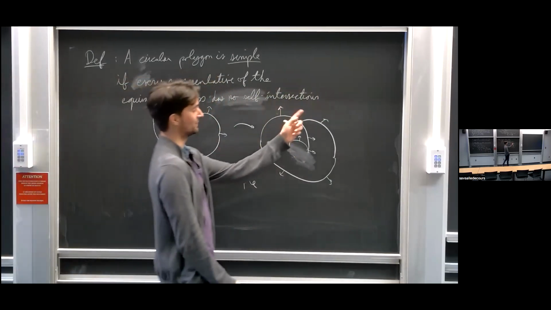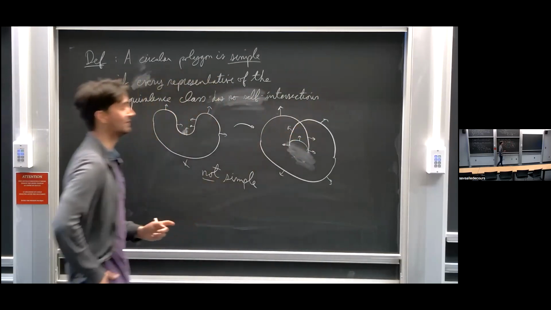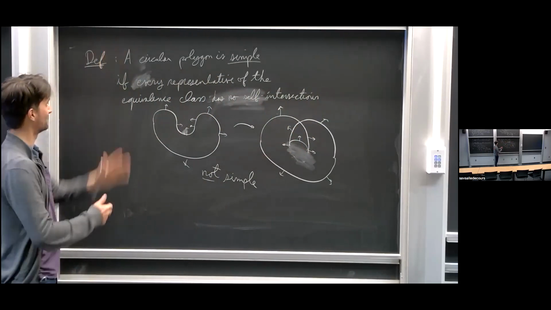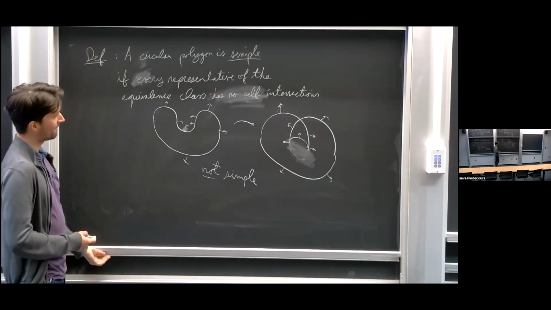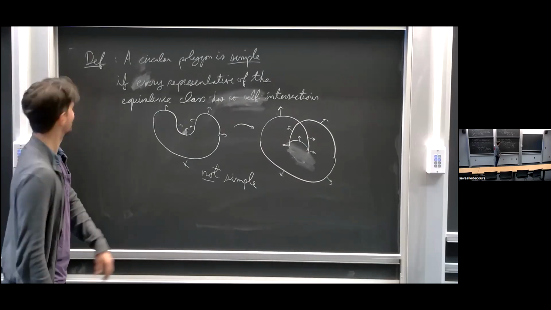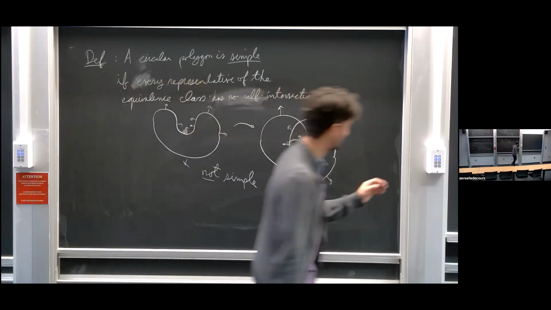Here, I guess the tangent vectors don't intersect, but I still call it a self-intersection. I screwed myself. The order of the boards is always a problem.